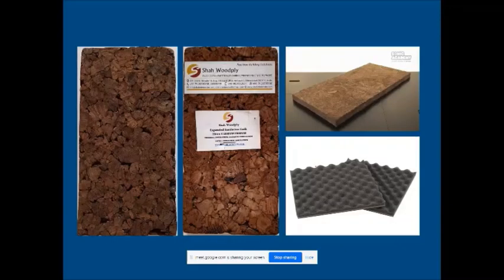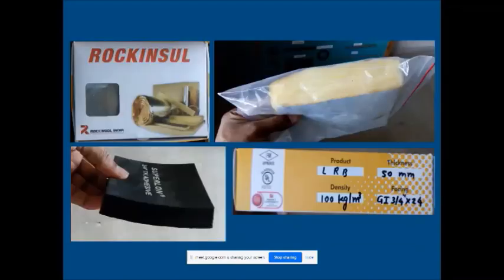Again we have this wood kind of texture. This will scatter the sound as well as absorb the sound, cork type. Again this is, I think, glass wool. Yes, this is glass fiber wool, and this should always be covered, right?